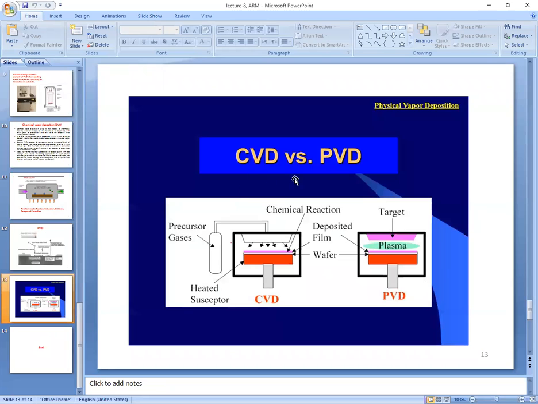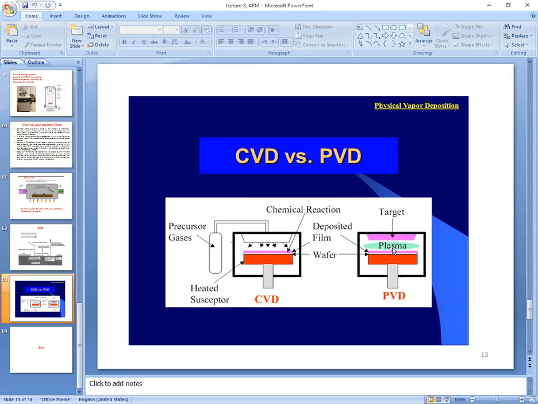So what is the difference between CVD and PVD? These are the precursor gases in the CVD, and chemical reaction takes place, and they are deposited on the substrate. While in the PVD, this is the target element material, and they become plasma by different methods.